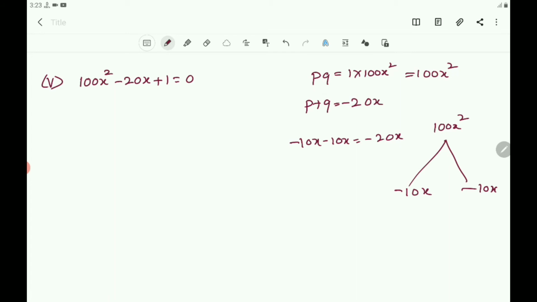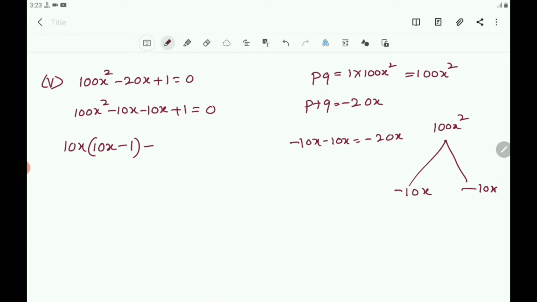So you write the four terms here: 100x square minus 10x minus 10x plus 1 equals 0. 100x square minus 10x plus 1 equals 0. Now out of these two, you remove 10x common. In the bracket, 10x minus 1, 10x is outside, so it is 10x minus 1 minus.